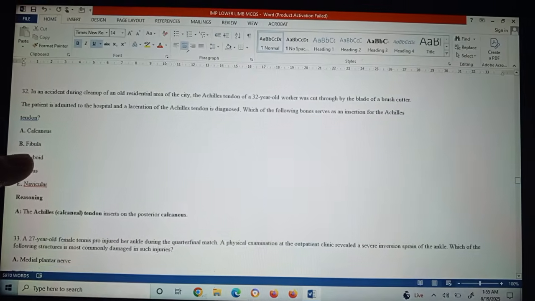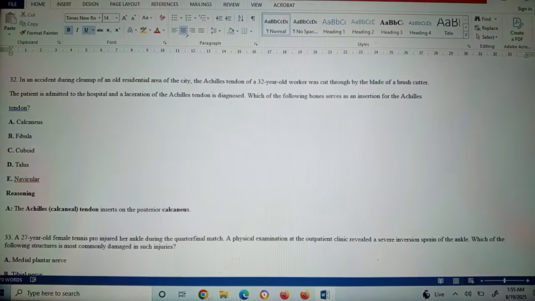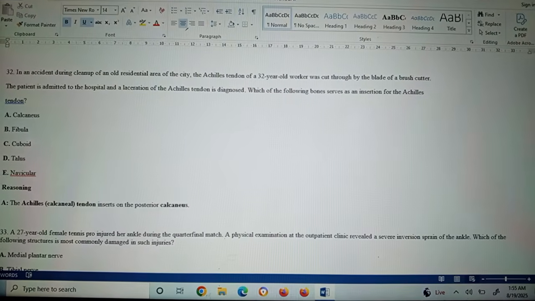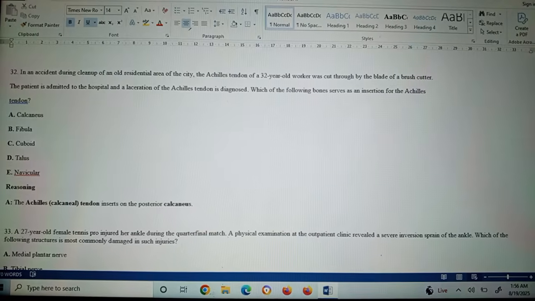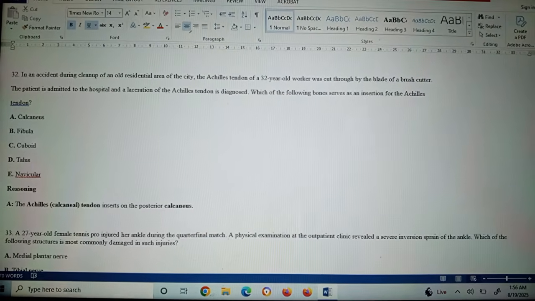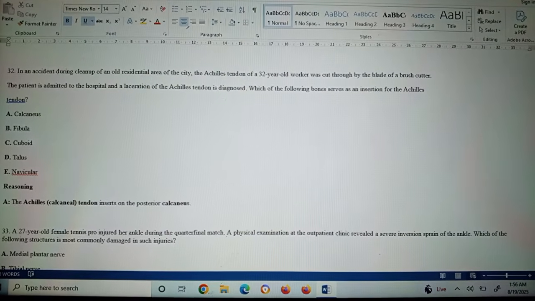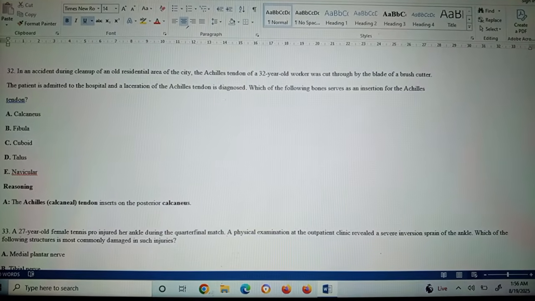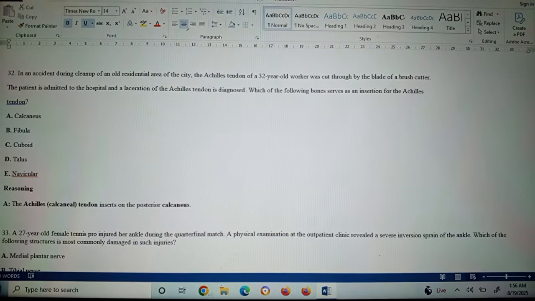Now comes to question number 32. In an accident during cleaning of an old residential area of the city, the Achilles tendon of a 32-year-old worker was cut by the blade of a brush cutter. The painter is admitted to the hospital and a laceration of the Achilles tendon is diagnosed. Which of the following bones serves as an insertion for the Achilles tendon?